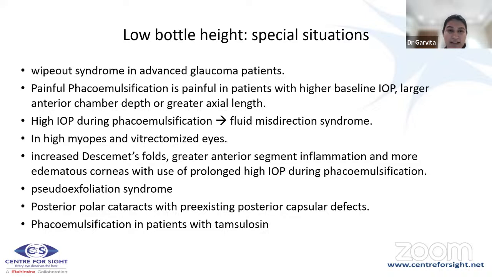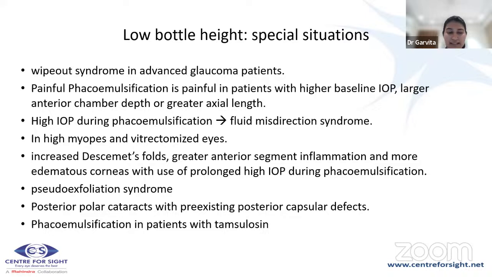In high myopes and vitrectomy eyes, low bottle height is preferred. Also, studies have suggested high bottle height is associated with increased Descemet folds, greater anterior segment inflammation, and more edematous cornea when using phacoemulsification because it causes high IOP. Pseudoexfoliation syndrome, again, there are already weakened zonules.